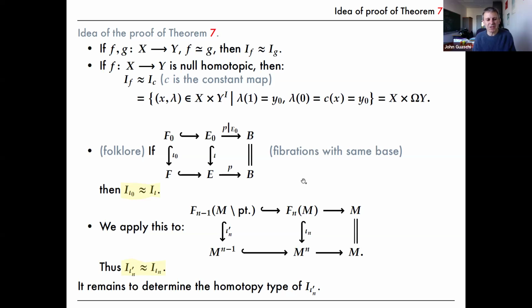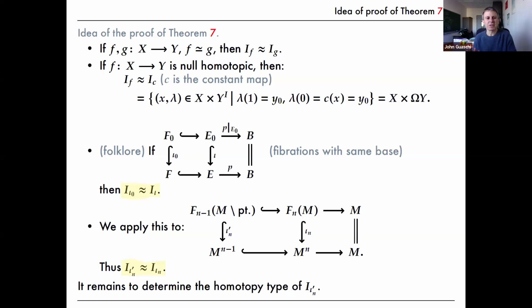And the other point is that it's difficult to try and calculate directly. The idea of the proof is to modify the spaces that we have. In general, when we want to apply this result directly to our spaces, the map isn't null homotopic.